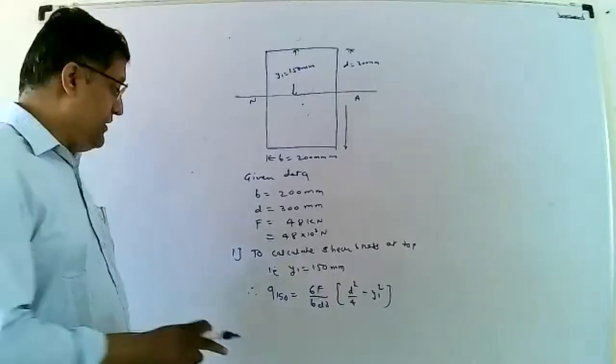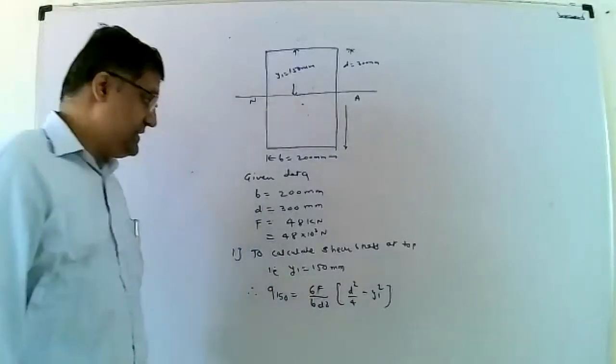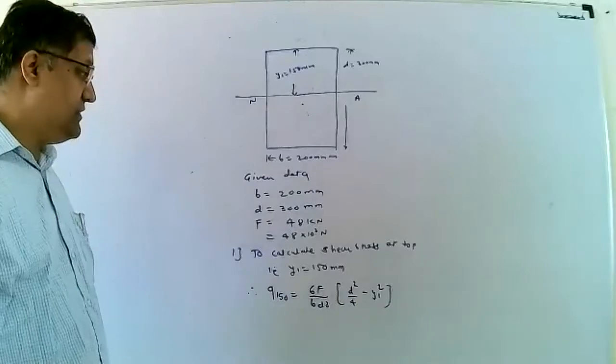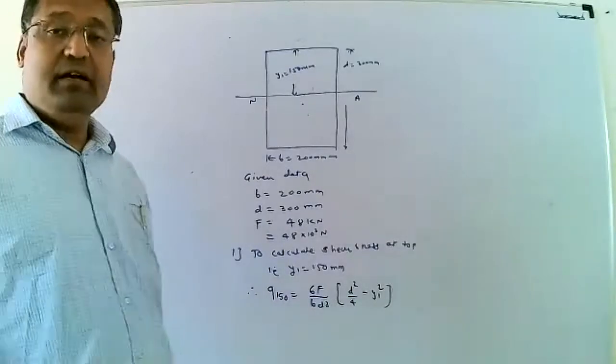The shear stress at 150 mm will be 6F upon BD cube, into D square upon 4 minus Y1 square.